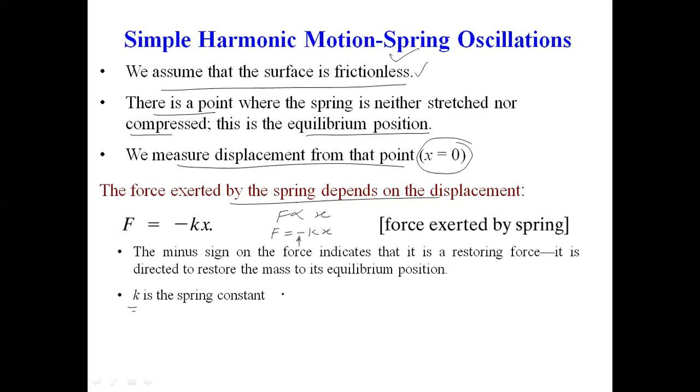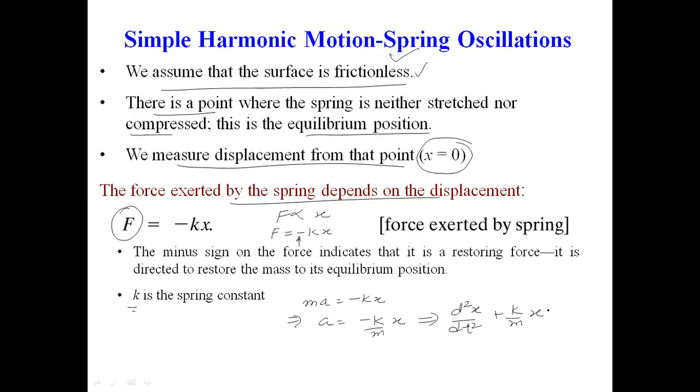So from here we can solve it directly. Using Newton's second law, F can be written as mass into acceleration, equal to minus kx. I will rewrite this equation as a equals minus k by m times x. Further, I can rewrite acceleration in terms of displacement as d square x by dt square, and bring this to this side: d square x by dt square plus k by m x is equal to 0. If I substitute k by m equal to omega naught square, the natural frequency of oscillation. I have kept this 0 here intentionally because it is used as the notation for the natural frequency of the system. When there is a damping force, we will simply write omega. So it is d square x by dt square plus omega naught square x is equal to 0.